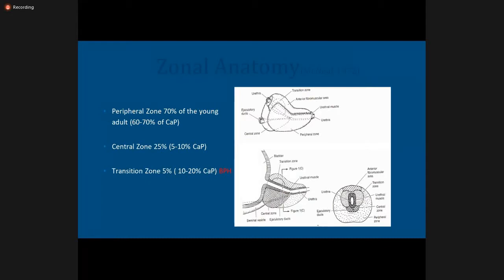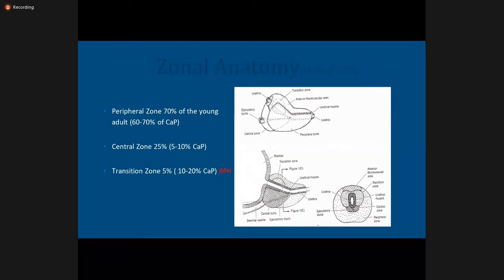The zones of the prostate are very important to know. The peripheral zone accounts for 70% in the young adult. Most patients with CA prostate have their cancer originating from this peripheral zone. There is a central zone and there is a transitional zone.